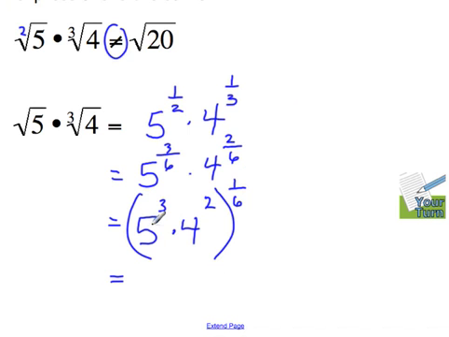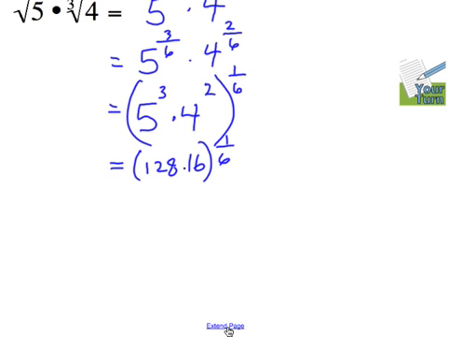Continuing to simplify, 5 cubed is 125. 4 squared is 16, all to the 1/6. So I'd figure out whatever 125 times 16 is. That's a big number, 2000 or something. I'm not exactly sure what the number would be.